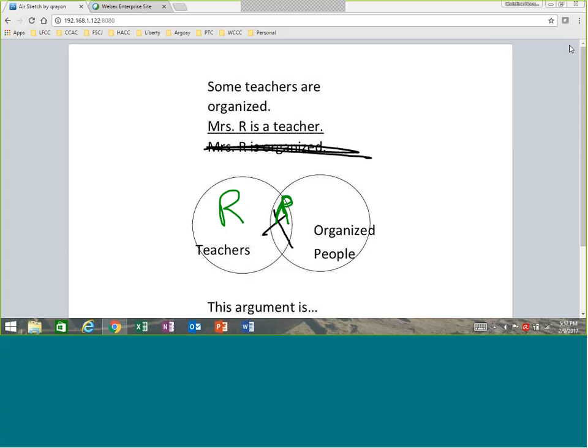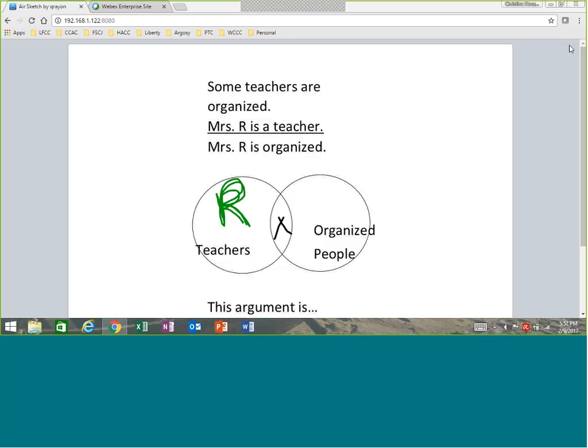So then, now my picture's drawn, I'm going to look at the conclusion. Mrs. R is organized. Well, if Mrs. R is in this spot, then yes, Mrs. R is organized. But what if Mrs. R is not in that spot? What if Mrs. R is over here?